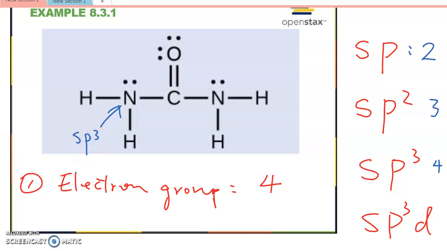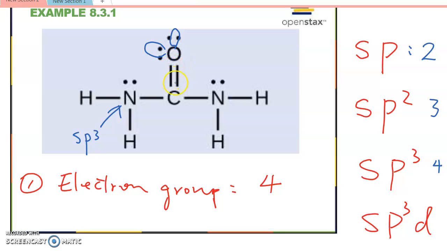So this one is sp3. Let's look at the oxygen over here. How many electron groups or how many branches? 1. Remember, a double bond we consider as 1 branch. It's just pointing from this direction. So in this case, I have 1, 2, 3.